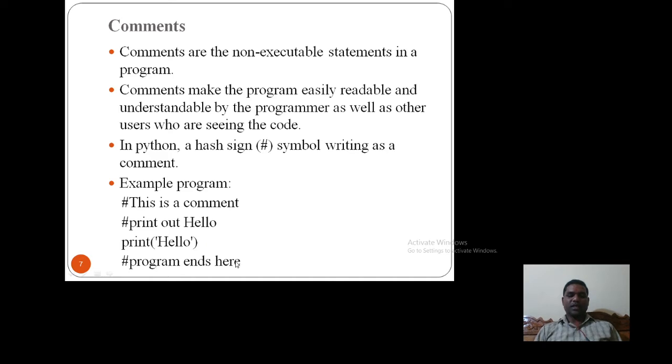My only executable statement is one line, that is print hello, and the remaining three statements we can call comments. They will not get executed, but they are useful to understand. From these I can simply understand that this is a comment, and print out hello means I am printing out hello, and print hello is a statement, and the program ends here. This is how I can understand the program in future.